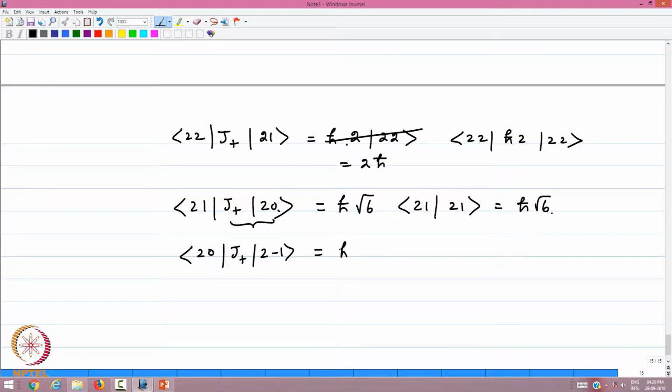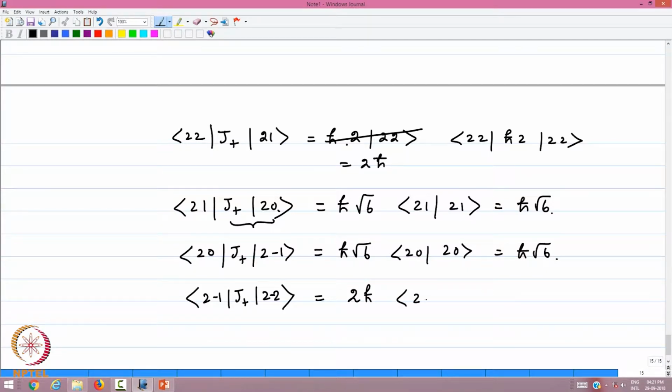So, it will give you h bar root 6, and this will also be h bar root 6, and the last is <2,-1|j plus|2,-2>, and you can see that j minus m is 4, j plus m plus 1 is 1, therefore, this will give you 2 h bar, the state |2,-1| and 2 h bar.